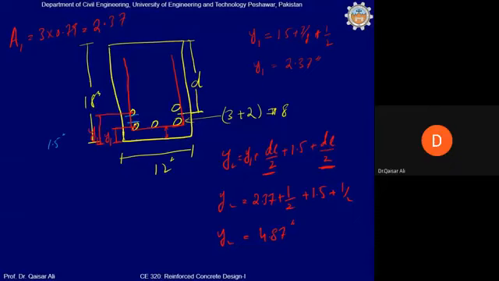Okay, and what is the area of reinforcement in layer 2? 1.58. It is 2 multiplied by 0.79, so it is equal to 1.58 inch square.